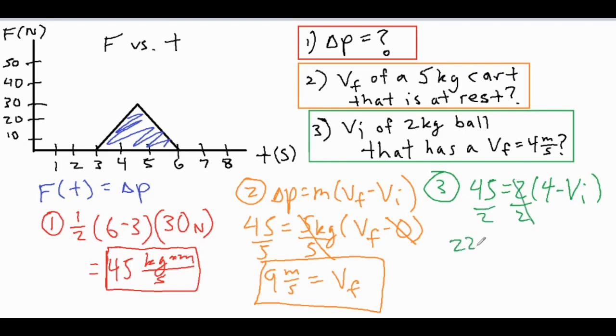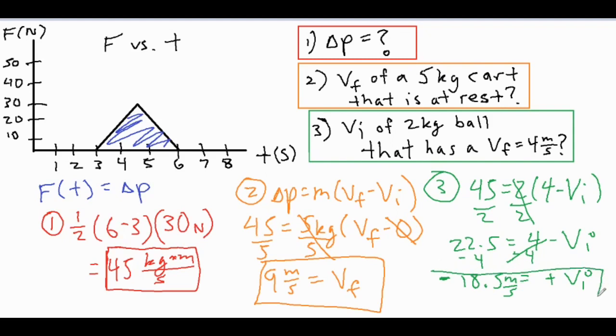That leaves us with 22.5 equals 4 minus VI. If I subtract 4 from both sides, this becomes 18.5 equals negative VI. Then if I multiply both sides by -1, that solves for my VI. It comes out to negative 18.5 meters per second.